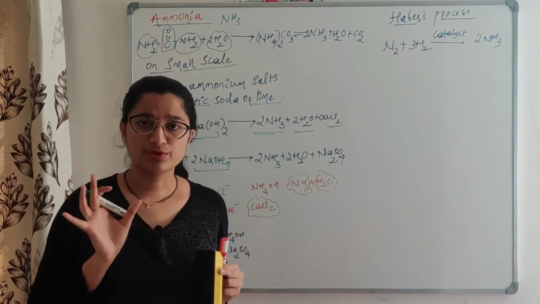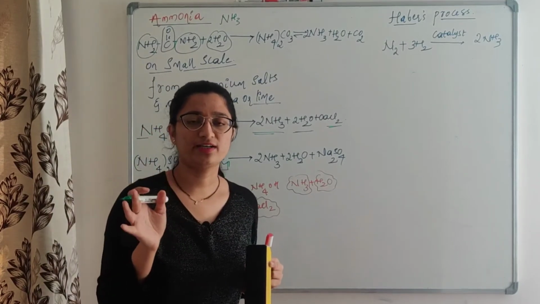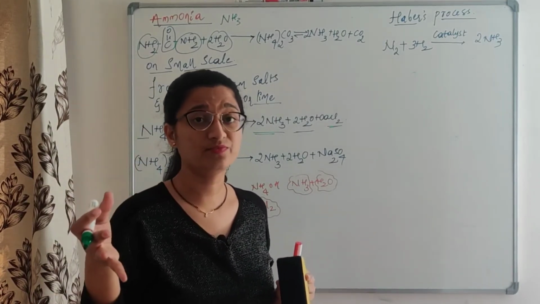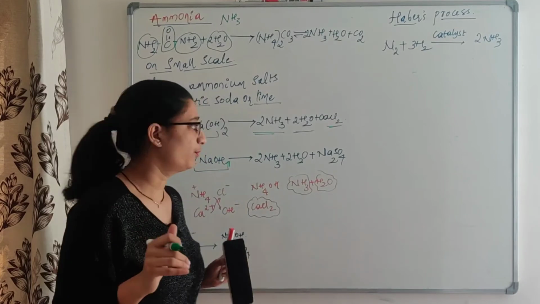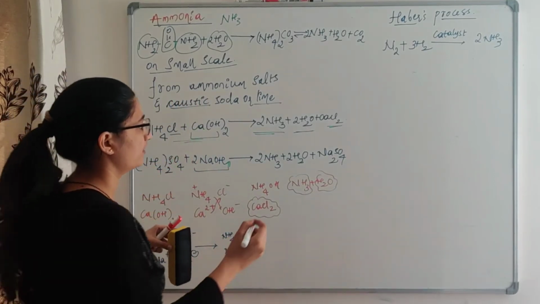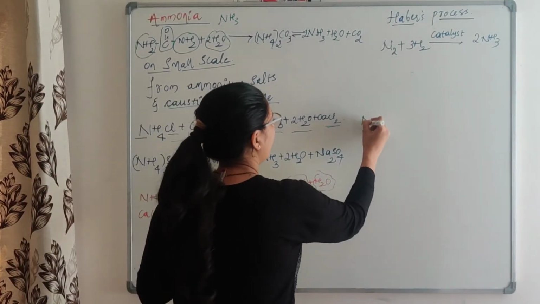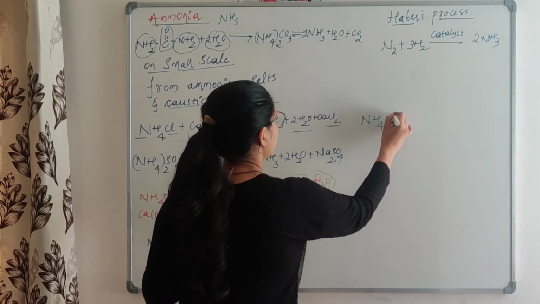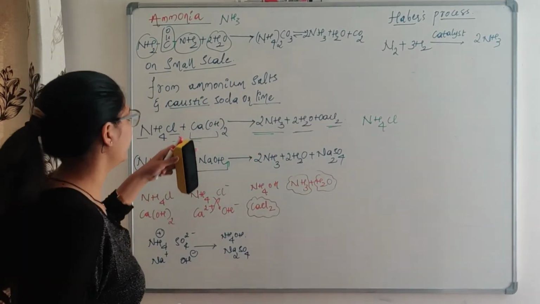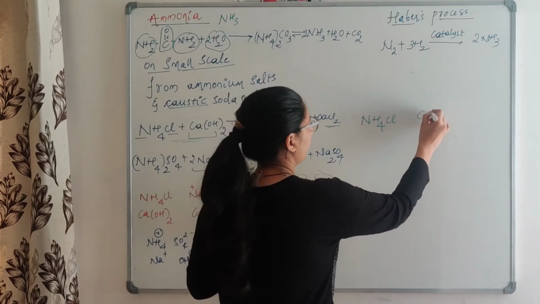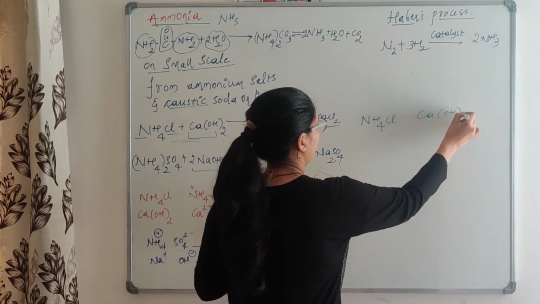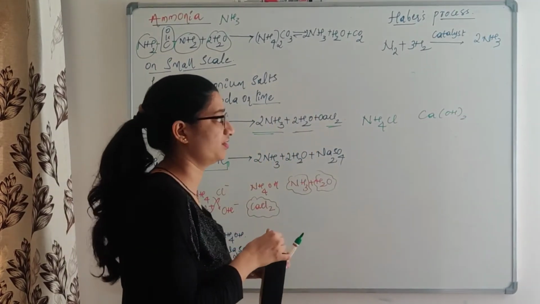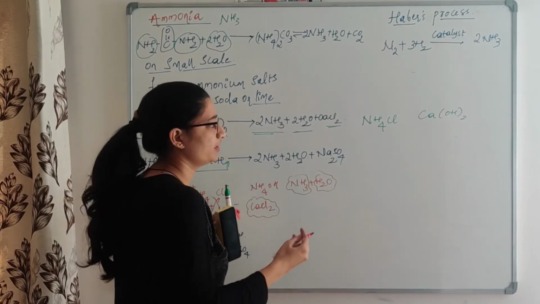So you just have to remember one thing: the positive and the negative ion from the given compound. So the first reaction I will write here. NH4Cl you are reacting, and then you are reacting with what? Calcium hydroxide. Now what you have to do here is identify the ions.